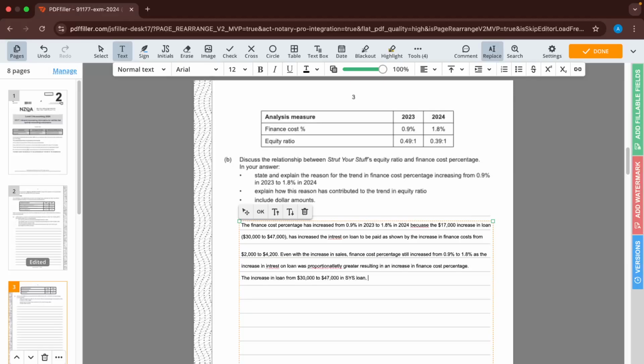And again, they really want to see us referencing back to the booklet. If you have the opportunity to reference back to the booklet, you really should. The reason they took out the loan in the booklet was to pay for a new security system, and I think it was also to pay off their overdraft.